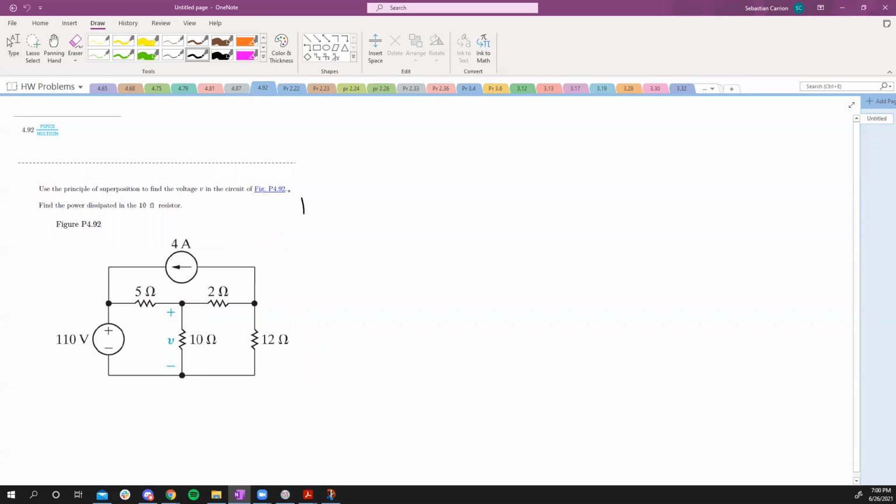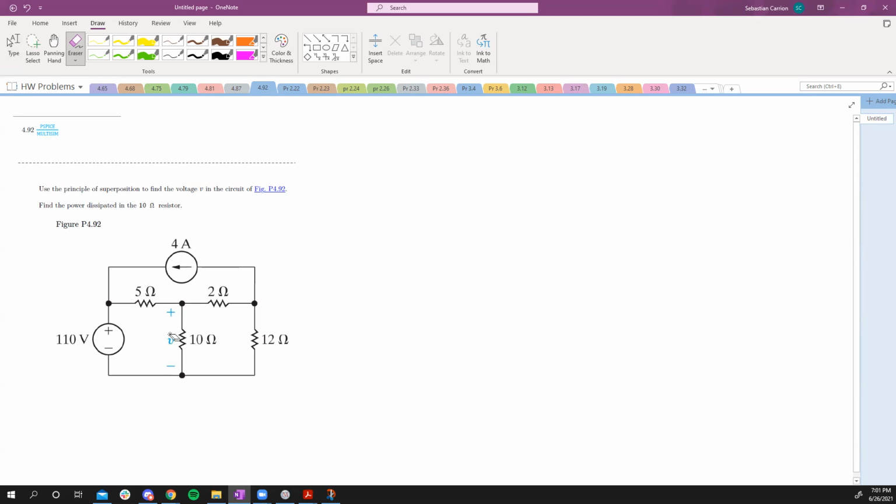ohm resistor. Then we're going to do another circuit analysis, and we're going to remove the 110 volt source, and we're going to find the voltage across this 10 ohm resistor, and the sum of those two voltages, when one of them is removed, then you have the other one there.